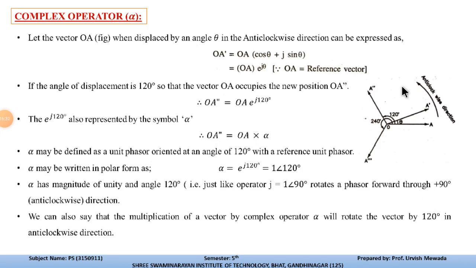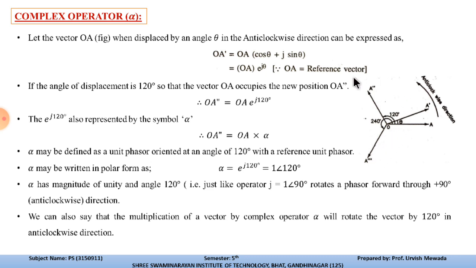Before we discuss the complex operator alpha, we are here discussing this diagram. In this we have the phase A. A is displaced by the angle theta in the anti-clockwise direction to A dash, and then 120 degrees from A dash we have A double dash, that is 120 minus theta degrees, and after A double dash we have 240 minus theta degrees, the A triple dash.